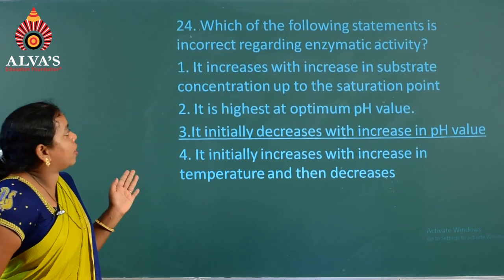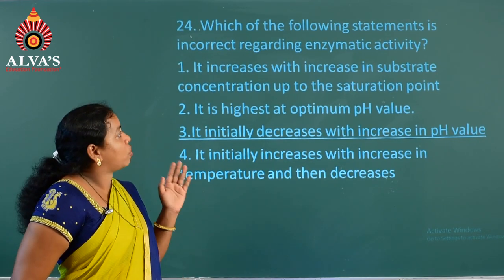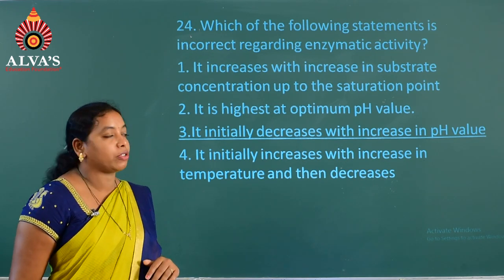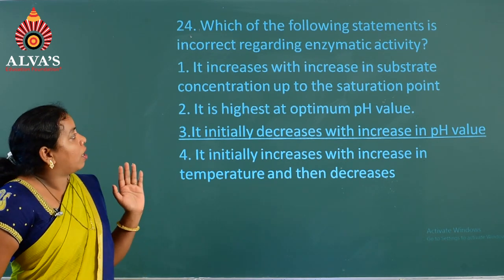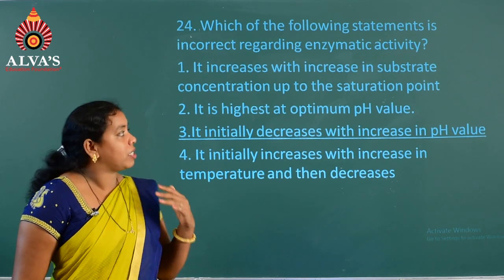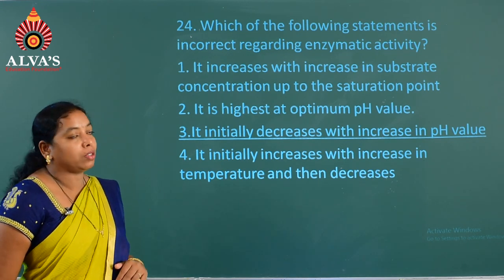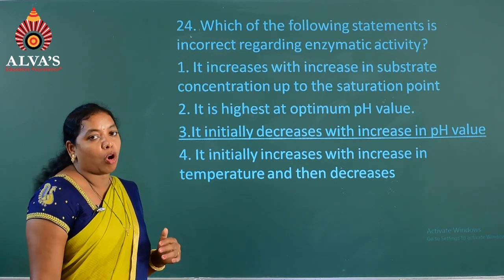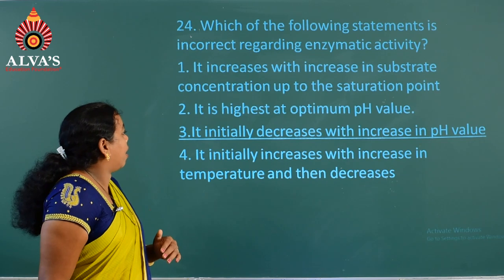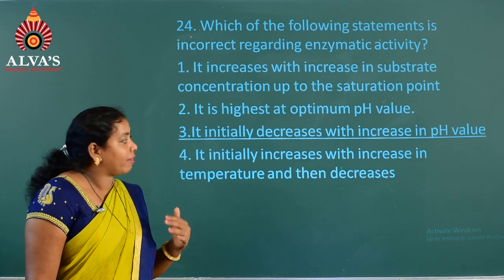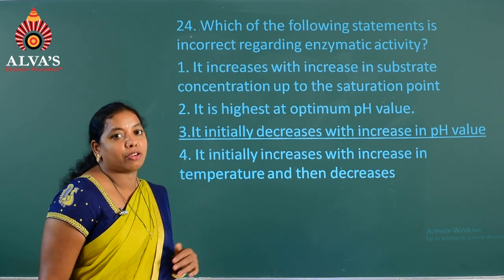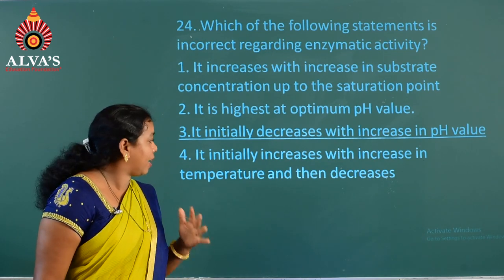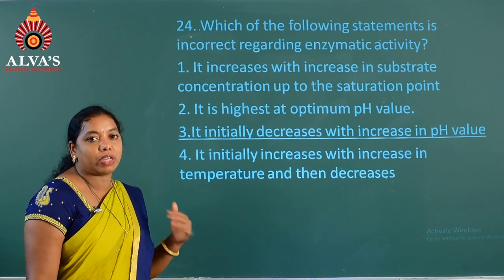Moving on to the next question, that is question number 24. Which of the following statements is incorrect regarding enzymatic activity? The first option, it increases with increase in substrate concentration up to the saturation point. Second option, it is highest at optimum pH value. Third, it initially increases with increase in pH value. And fourth, it initially increases with increase in temperature and then decreases.